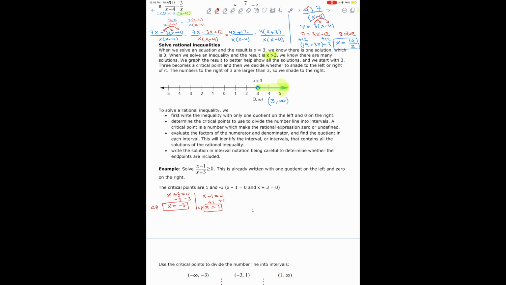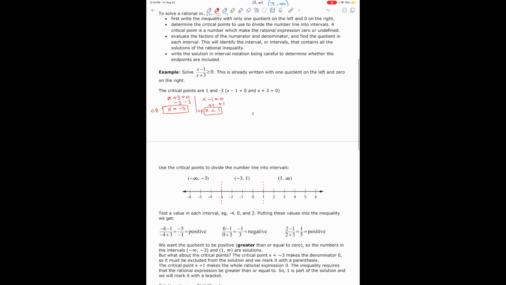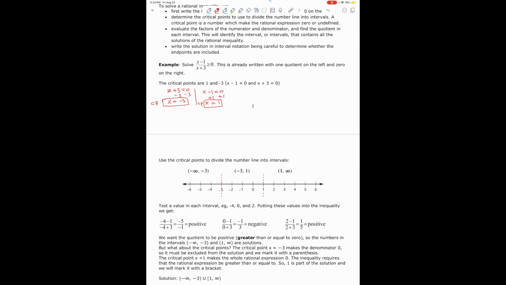The next step is to identify these critical points on an open number line and divide the number line into 3 intervals in this case, as such. So we have the negative 3 here, and to indicate that this is not included, because it comes from the denominator, if we include that, it's just going to make the expression undefined.